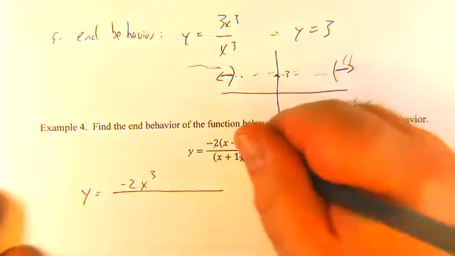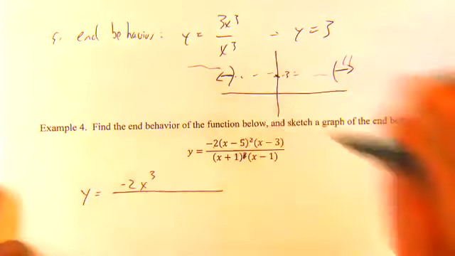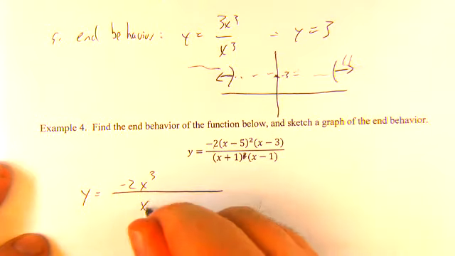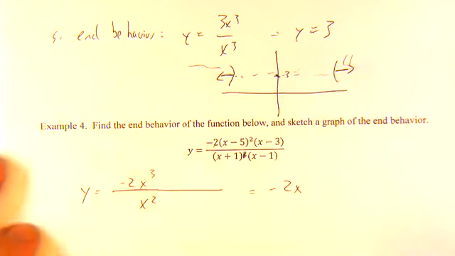We're going to make this just an x plus 1, x minus 1, so I can have a separate thing. So this becomes minus 2x cubed, then x squared.